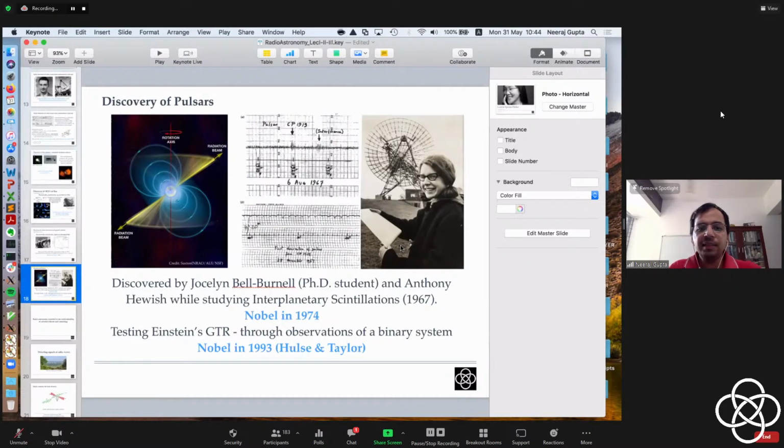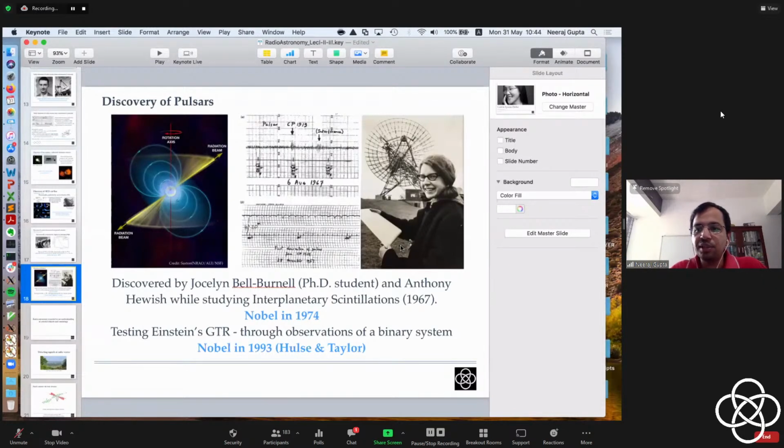Further down the line, another 10 years or so, many more pulsars were discovered, and finally Hulse and Taylor discovered what is known as the first pulsar in a binary system, a pulsar which is actually going around a neutron star.